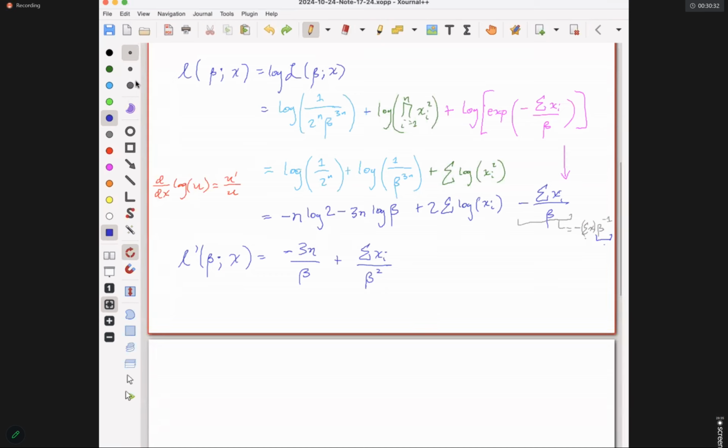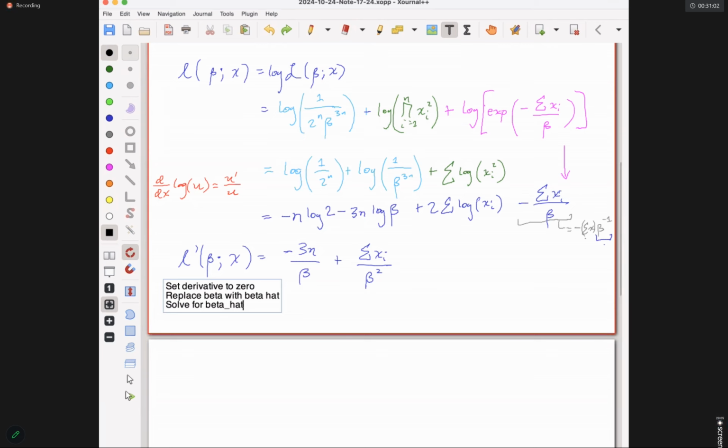What we need to do is set the derivative equal to 0 and solve for beta hat. So set derivative equal to 0, replace beta with beta hat, and solve for beta hat.